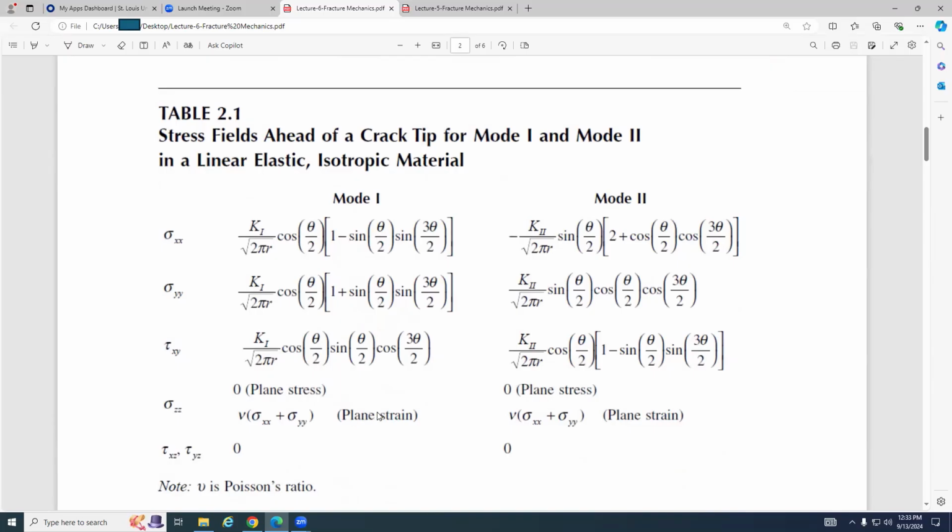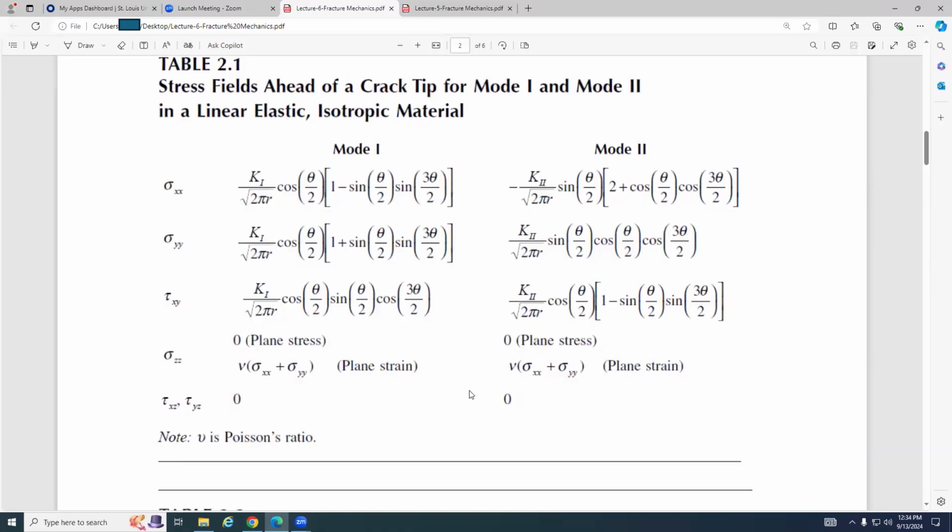Plane strain means that the plate is thick. Plane stress means the plate is thin. And we focus on 2D, okay? So this is mode 1, mode 2. This is sigma x, sigma y, tau xy, and sigma z. For different case scenarios, we have different sigma zz.